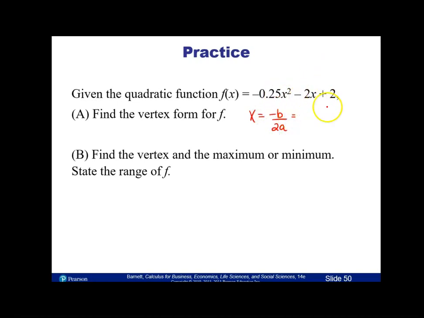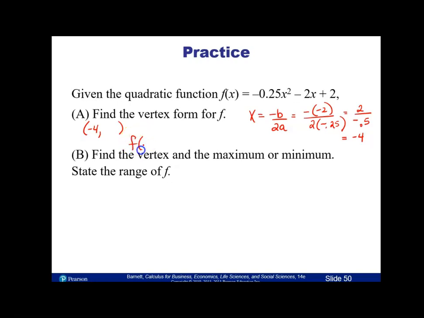This is in standard form, so it's going to be negative 2 over 2 times negative 0.25. Okay, so that's going to be 2 over negative 0.5. So I'm going to end up with negative 4 as the x-coordinate of the vertex.